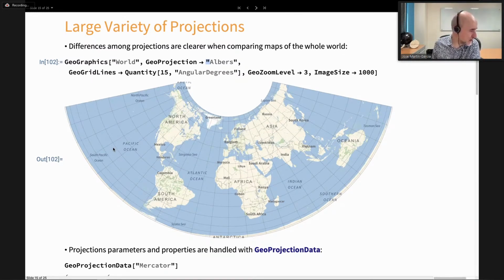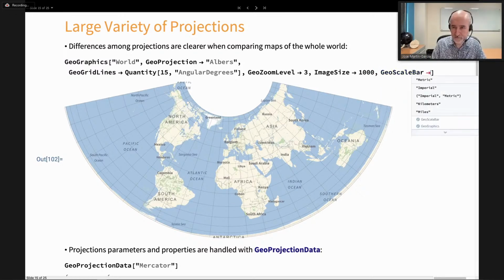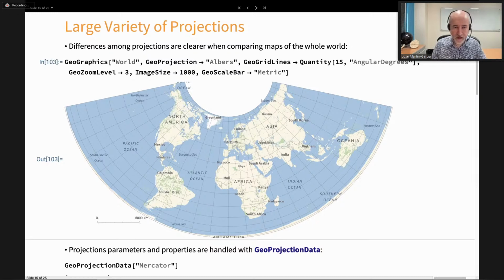So this is the question that Sander was asking before. How do we draw a scale bar here? So let's do that. So if I do now the scale bar, goes to metric. So now we have here a scale bar. Now, of course, because distances here and distances here are different, what we do is that we compute these effectively for the center of the map.